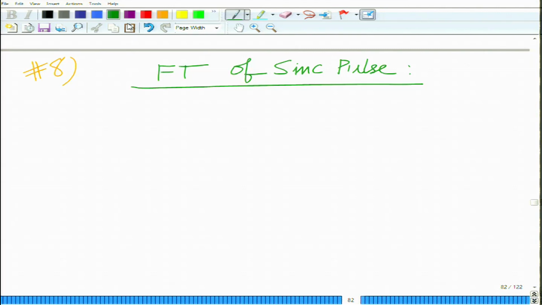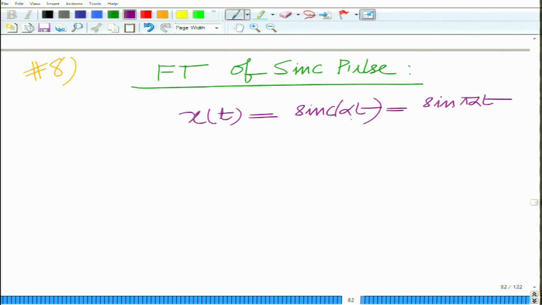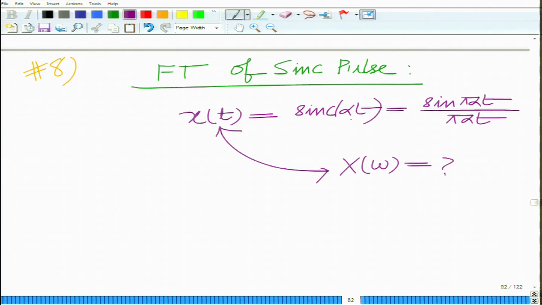That is, we want to consider a signal x(t) which is sinc of alpha t, which is basically sin pi alpha t over pi alpha t, and we want to ask the question, what is the Fourier transform of this sinc pulse?